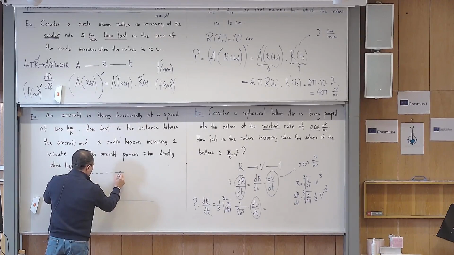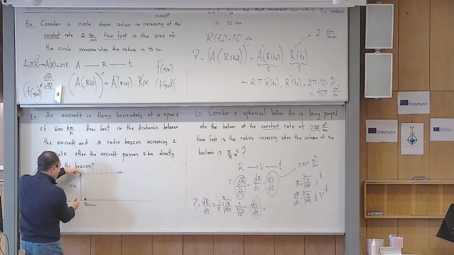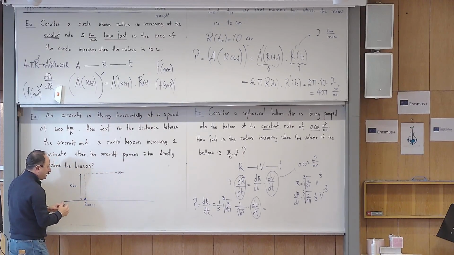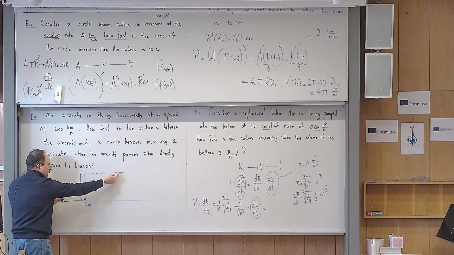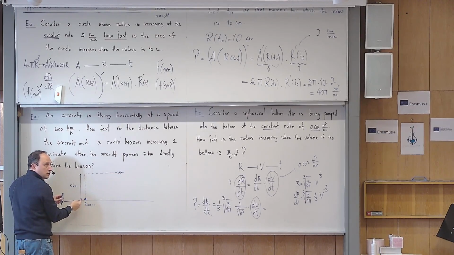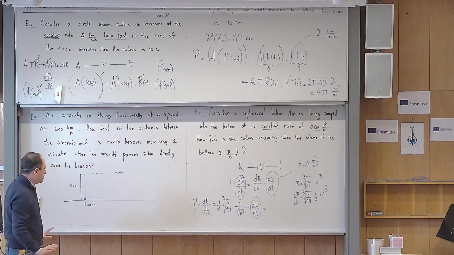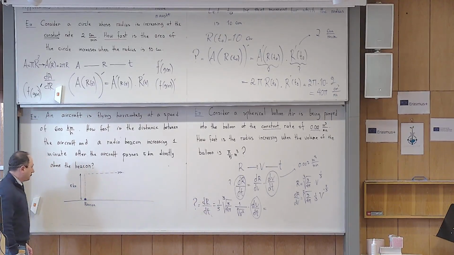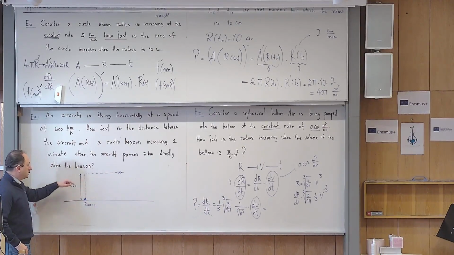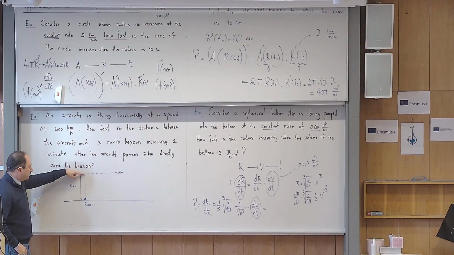So this is your aircraft, okay? But 1 minute after this, you want to see how fast the distance between the aircraft and the beacon is changing over time. Okay? The question is hopefully clear, yes? This picture now makes it clear. So the aircraft passed this point at some point.